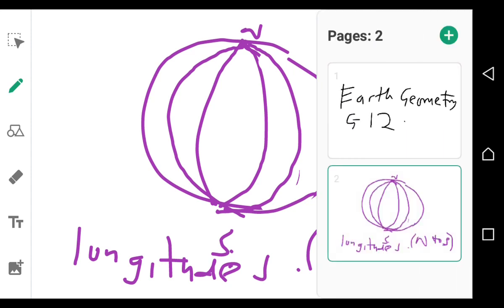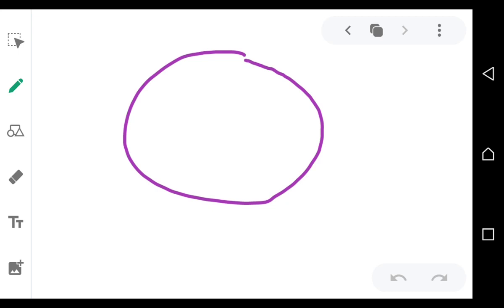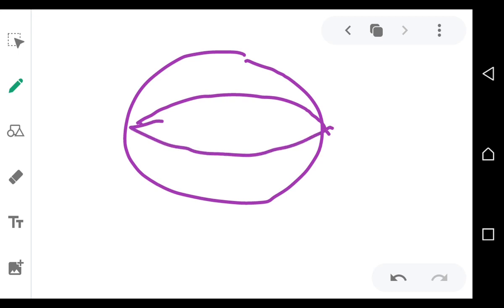What about latitudes? If this is the Earth, latitudes move from east to west, or west to east.